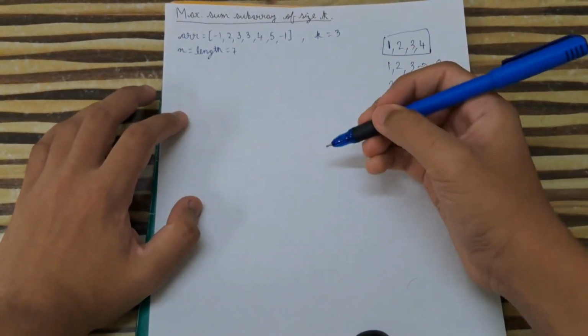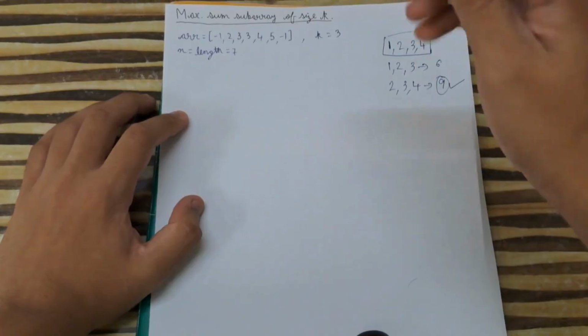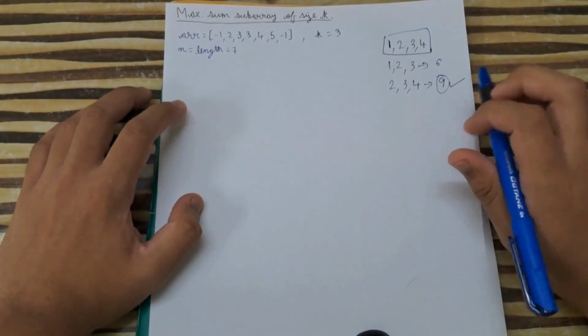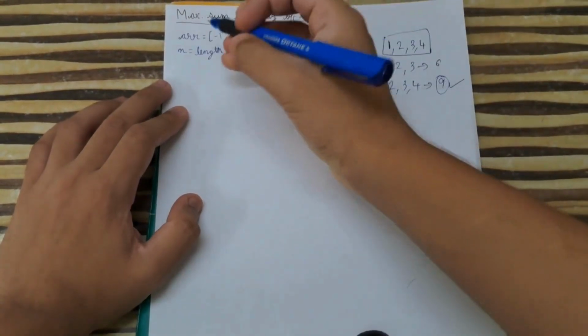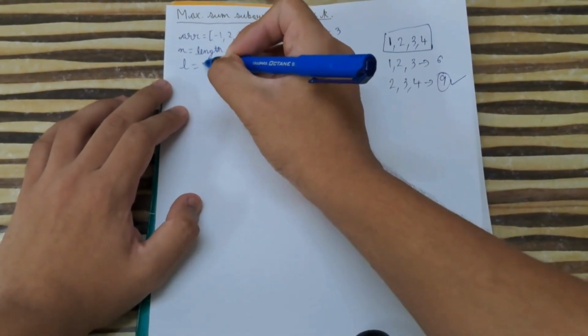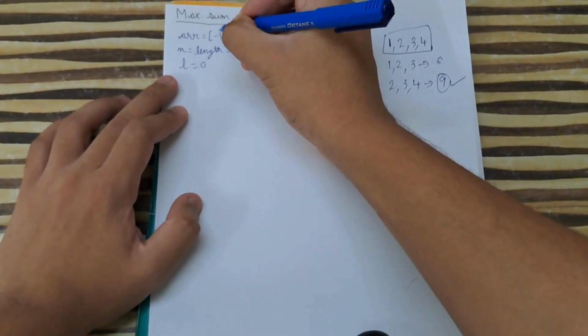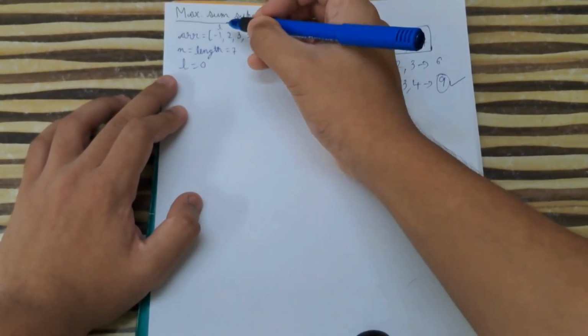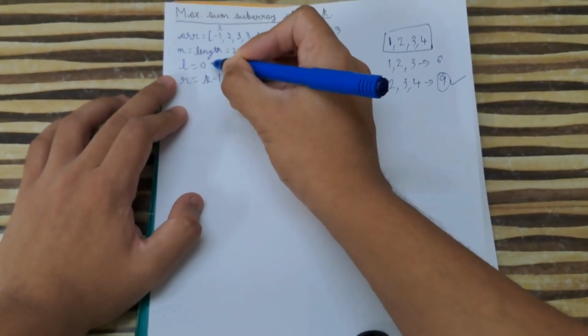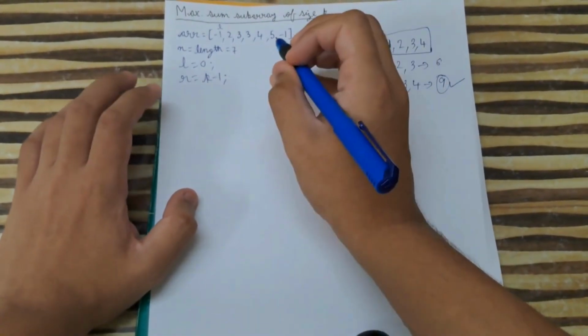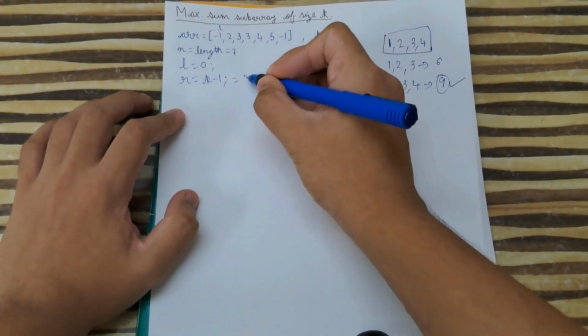So we will be following two techniques here, the sliding window technique and the two pointers technique. We will first initialize the pointer L equals 0. L will be here first, at the beginning, and R equals k minus 1. So k right now is 3, so R would be equal to 2.